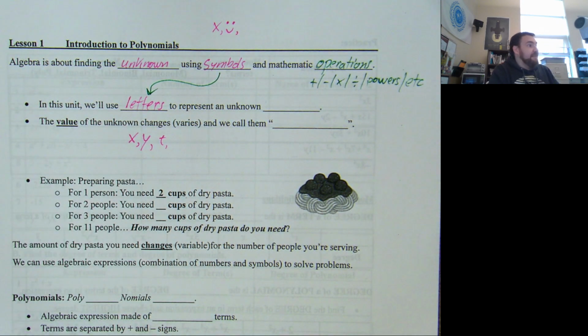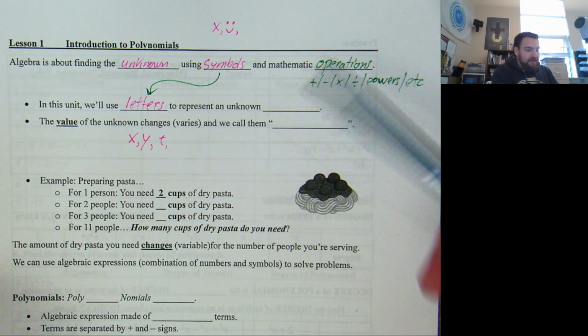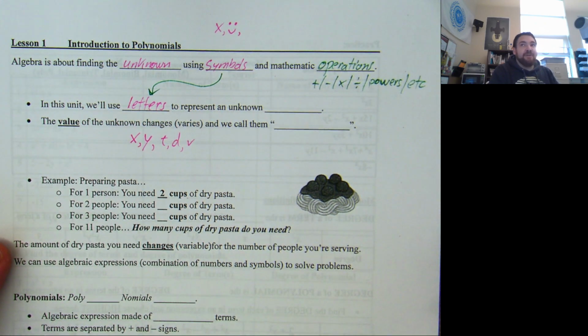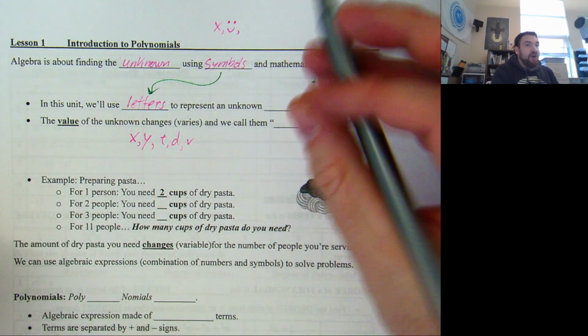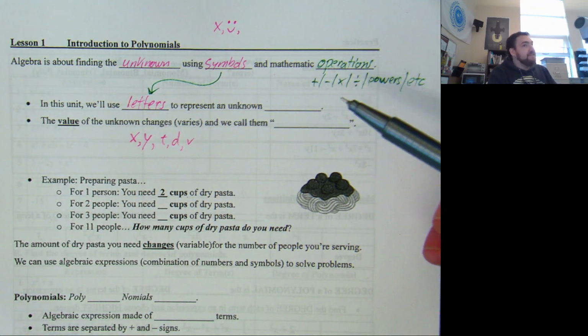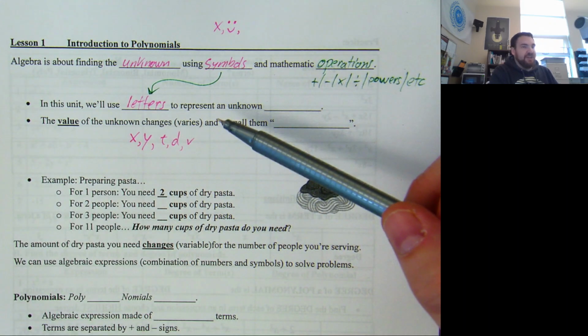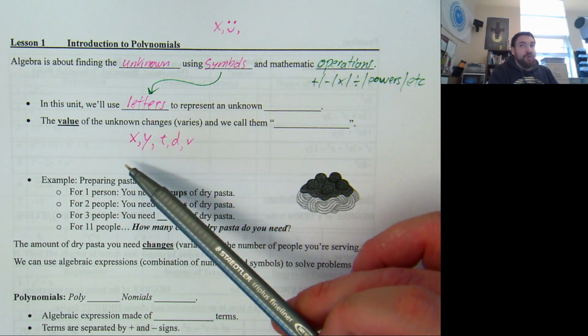And if time is something we're looking for, we'll use a variable to represent that. So T for time. Things like D for distance. V for speed, except we're not using the word speed, we use velocity. So letters have all sorts of predefined meanings in all sorts of different contexts, which is why we have so many of them that we use. Not every unknown needs to be X.